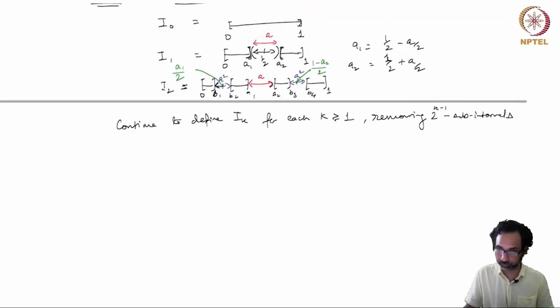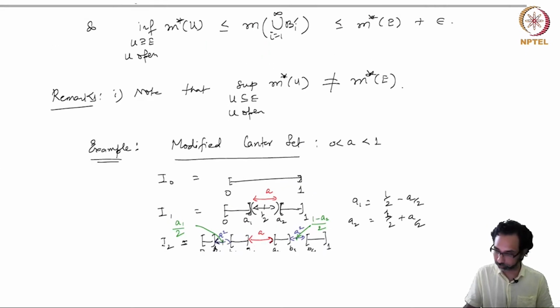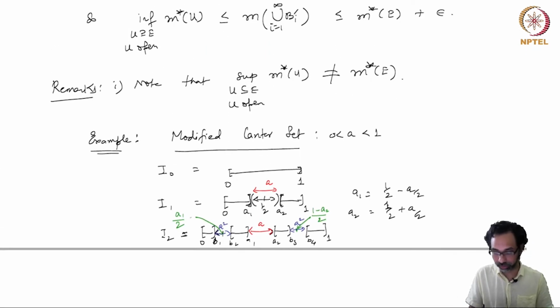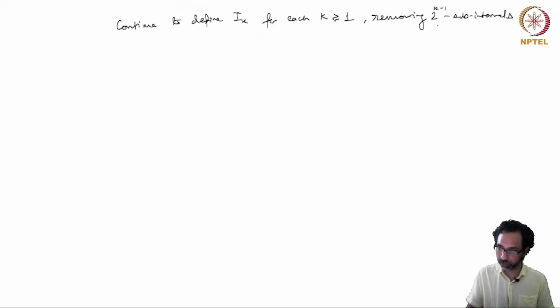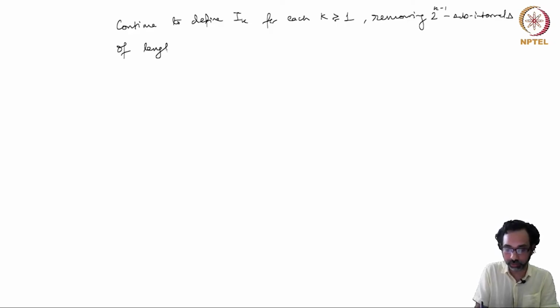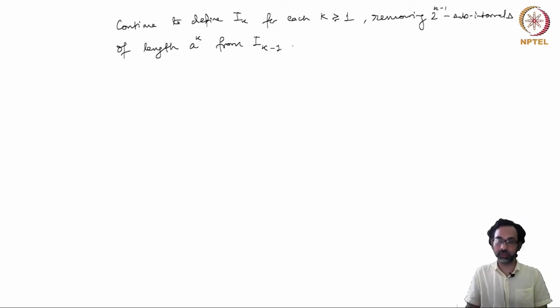For example, at the first stage this is 2 to the power 0, so one interval. At the second stage it's 2 to the power 1, so 2 intervals, and at the kth stage you will remove 2 to the power k minus 1 subintervals of length A to the power k from I k minus 1. So we have recursively defined what Ik is.